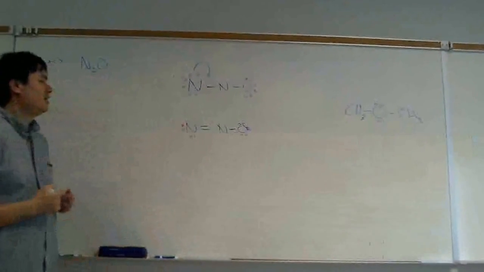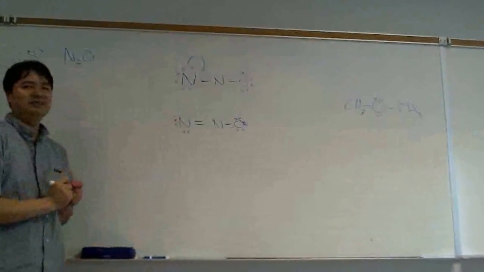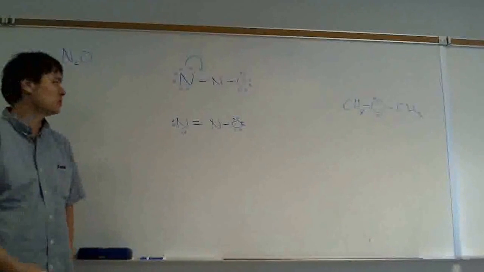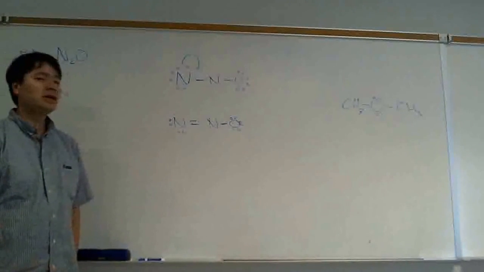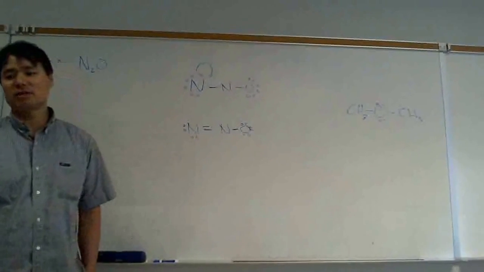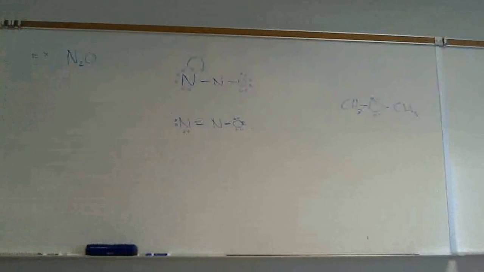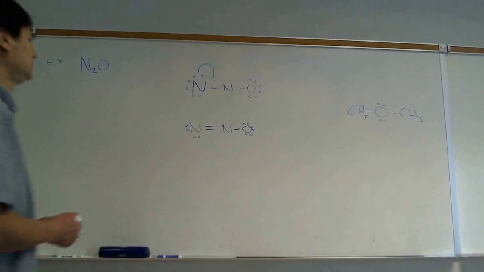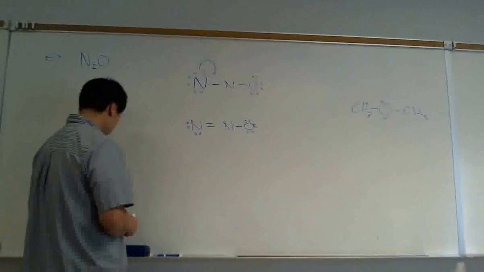All right, now it's still short. Yeah, we're still short. Who should we take it from? We just took a pair from nitrogen. Should we take a pair from oxygen to keep it fair, or do we just keep taking it from nitrogen? Take it from nitrogen. How come? Oxygen is more electronegative.